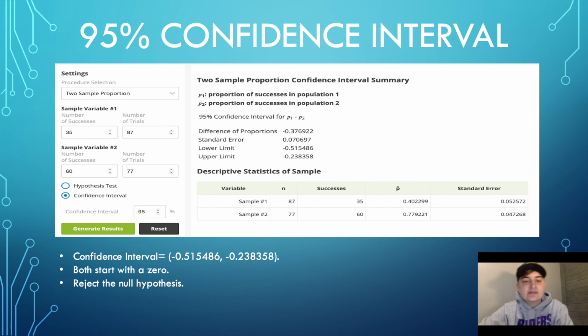From this, they both start with a 0, so they are relatively close together. So this means we are 95% confident that the difference between the proportions of floors of the two continents is within this interval. So that means they're pretty close together. So we reject the null hypothesis.